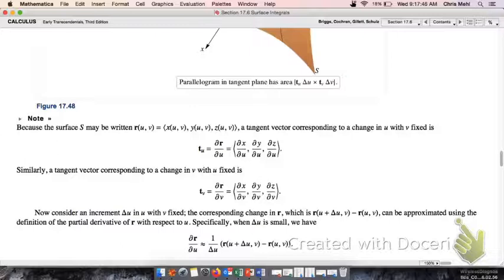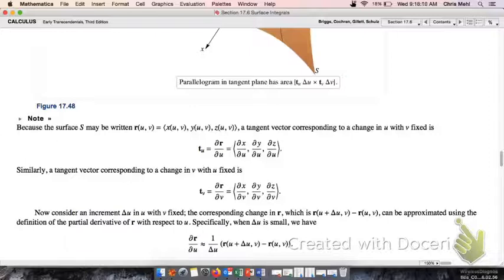Now, because the surface is parametrized by r in terms of u and v, a tangent vector corresponding to a change in u with v fixed, so T sub u, is just partial r over partial u. So each component is partial x, partial u, partial y, partial u, and partial z, partial u. You're just taking the derivative of the component functions of r with respect to u.